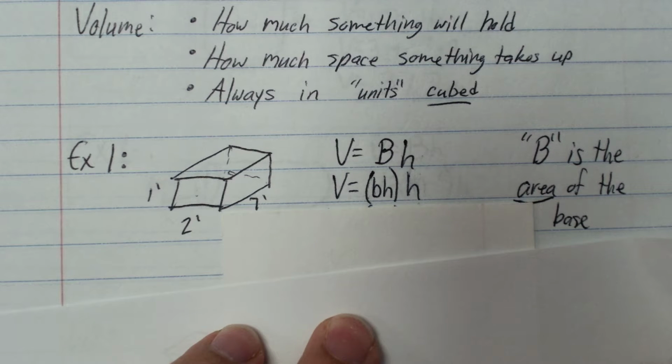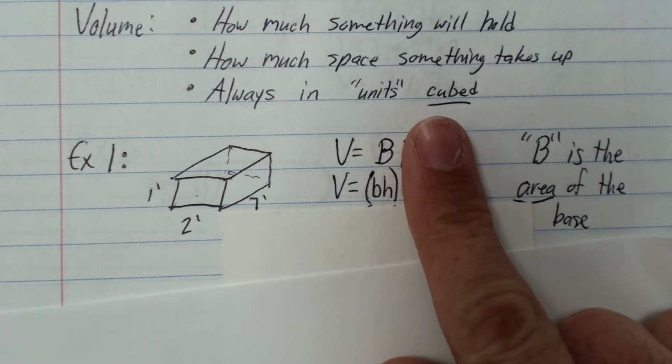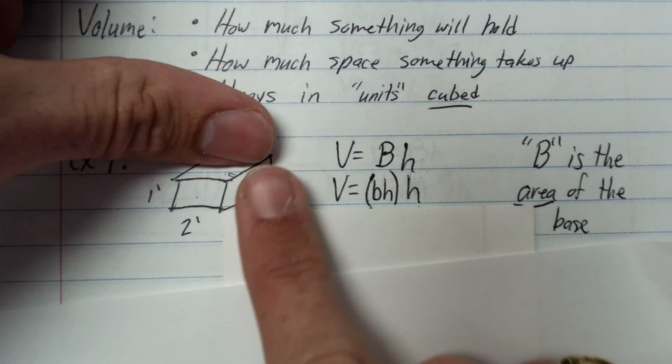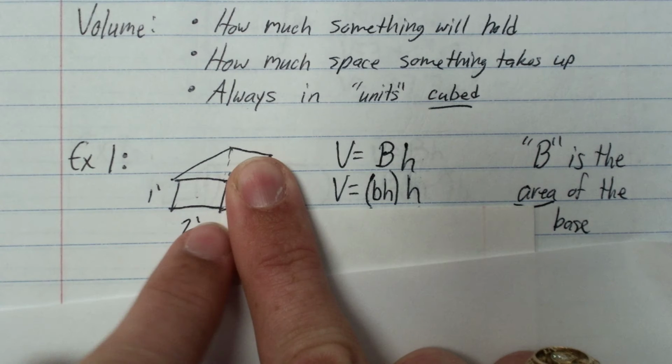Now notice, this part right here of the formula deals with just the base. That is a single side of this rectangular prism. So for just the ease of showing, I'm going to use this rectangle right here for our base. The length of the base is going to be this 2 down here.